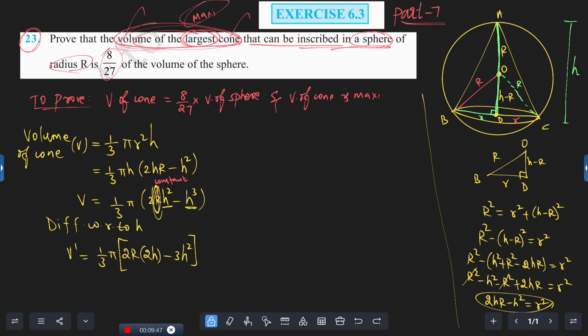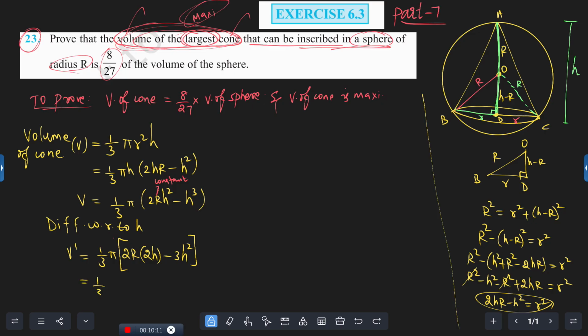If you take capital R as a variable in one place, when you differentiate capital R, it will become 1. This will become 0. If you find the H value, it will come 0. If H value is 0, a cone cannot be formed. Be careful which one you want to take as a constant in this. Understand? Be careful.